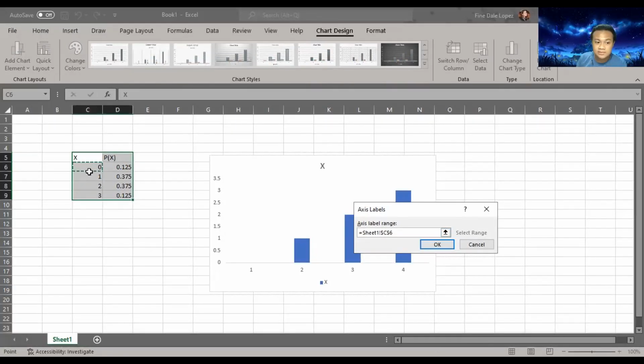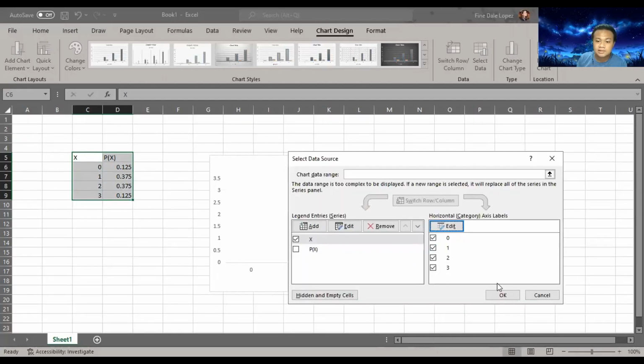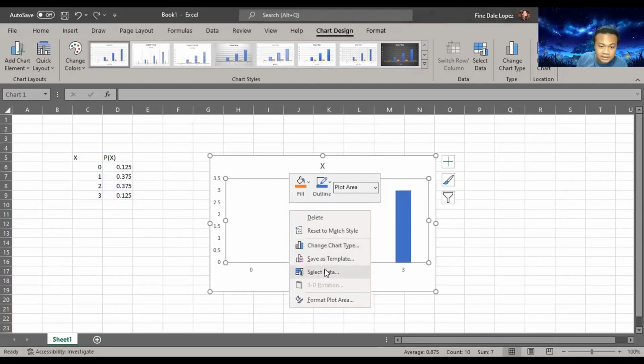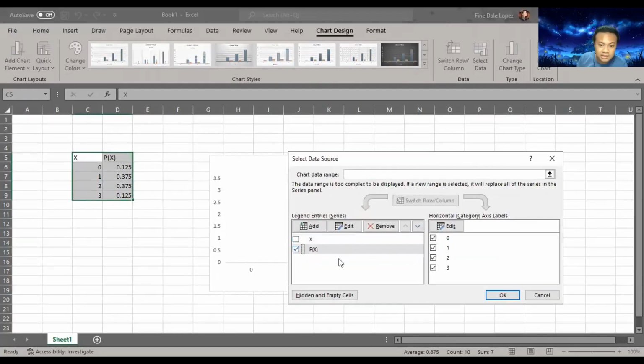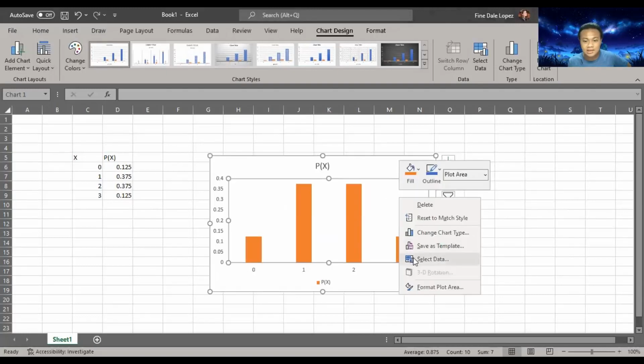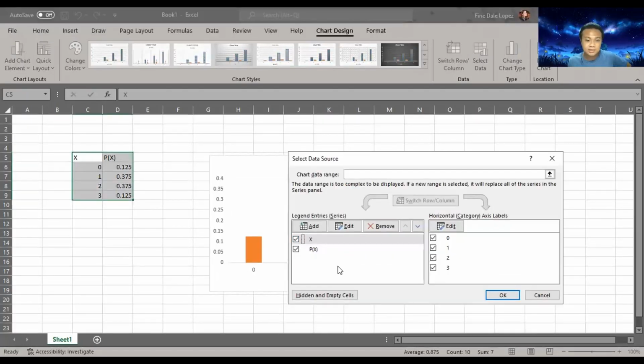Choose these values by dragging over them, and then okay. You can see 0, 1, 2, 3. Select data and uncheck x, then P(x) remains.